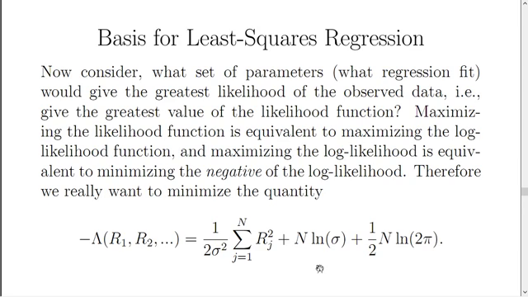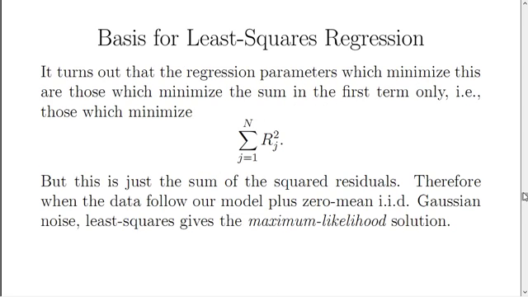Notice that it contains terms involving the variance, it contains constants like the number of data points and 2 pi, but it also contains only one term involving the residuals, and that's this sum of the squares of the residuals. It turns out that the regression parameters which minimize the log likelihood are those which minimize the sum of the first term only, that is, which minimize the sum of the squares of the residuals.